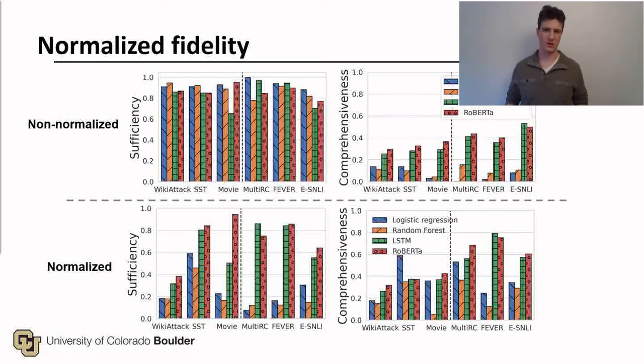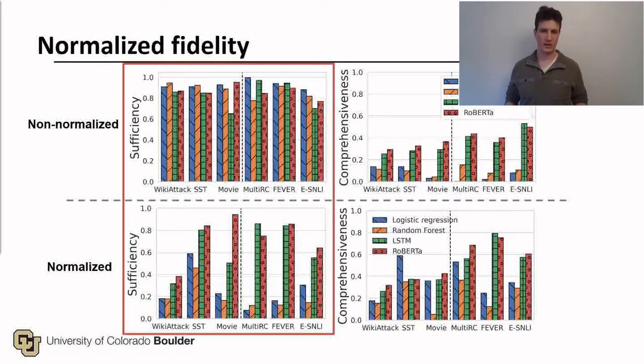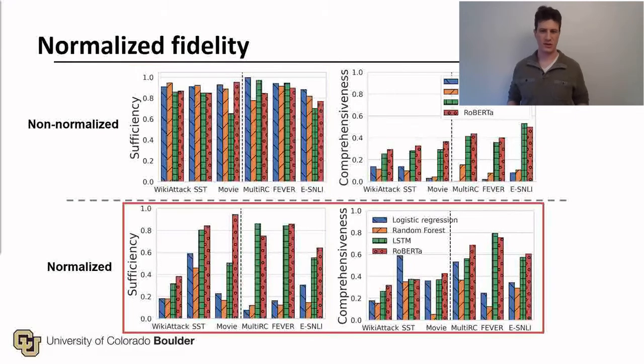And this is the result. We can see that the high sufficiency of the weaker models was an artifact of model uncertainty, and that really the human rationales are not much more sufficient than empty rationales for these models. We can also see that comprehensiveness has been projected closer to the same scale as sufficiency, although rationales still fall short in comprehensiveness compared to sufficiency even under this normalization regime.